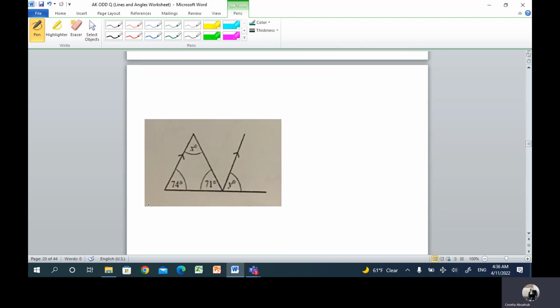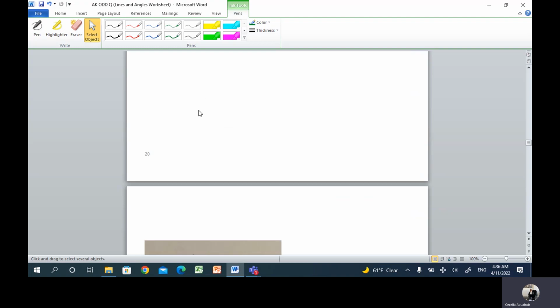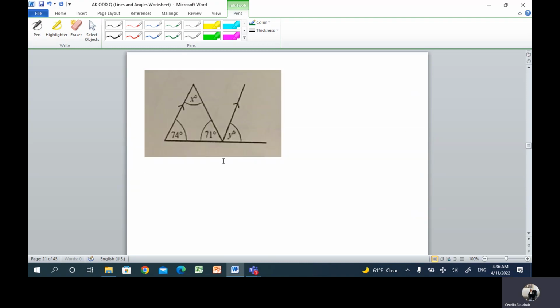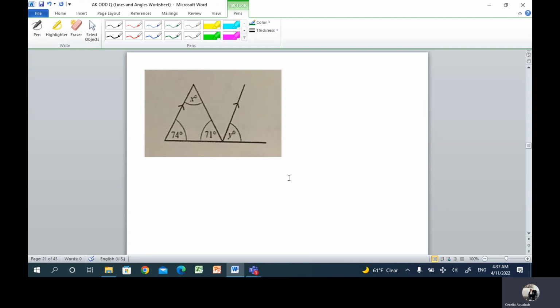And let's move now. We're going to skip 20 and we're going to now go to 21. Okay. As you can see here, we can see the parallel lines.